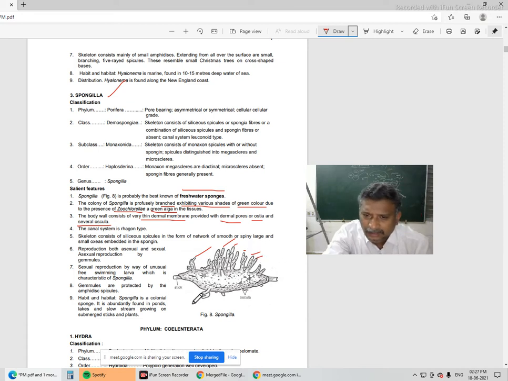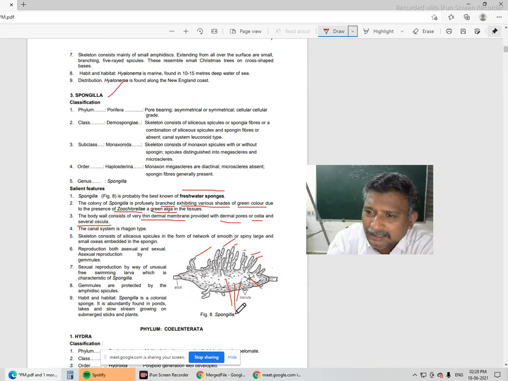In this region, look, here is an osculum, another osculum. Generally for one organism one osculum will be there, but here several oscula are present.